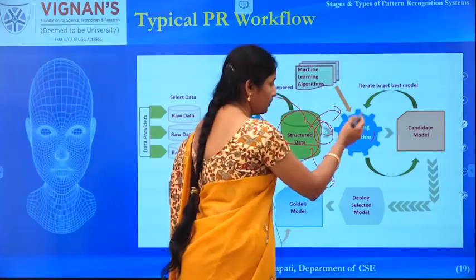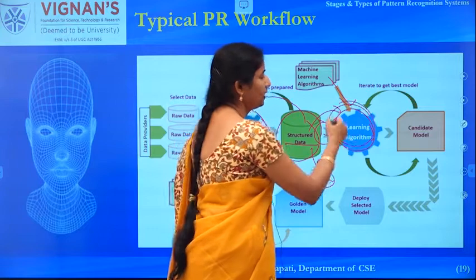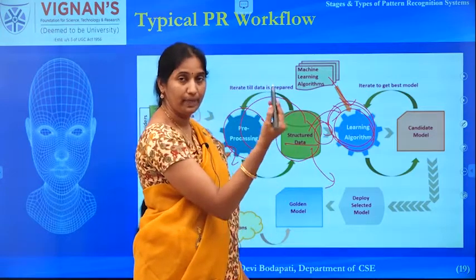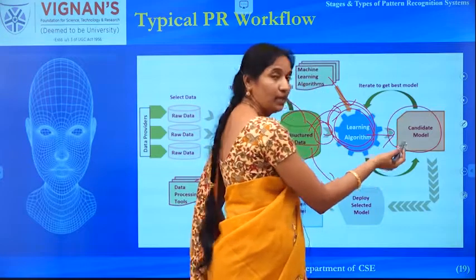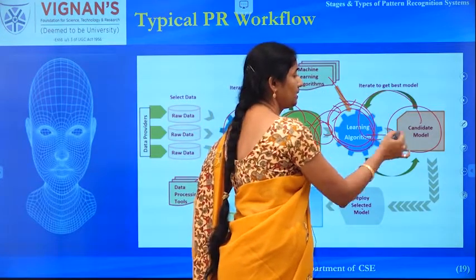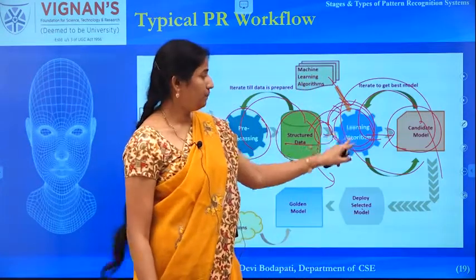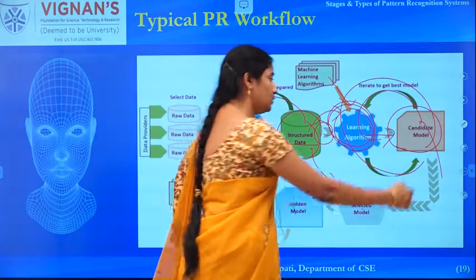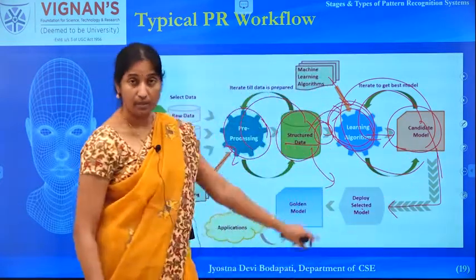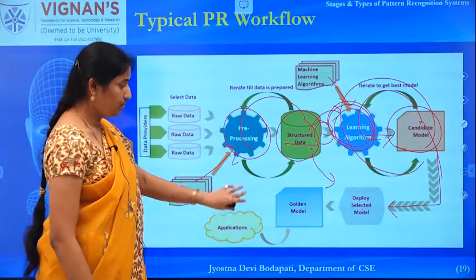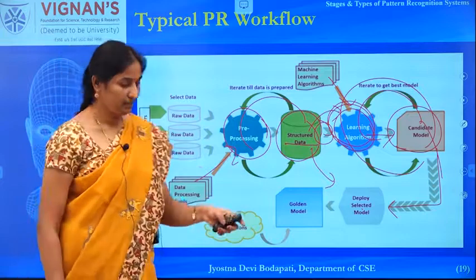Then you select a model and apply a learning algorithm depending on the application. If you are happy with the model, proceed to the next step, otherwise repeat this process, change the parameters and learn the model. If you are happy with the model, proceed to the next step and deploy the selected model, that is, apply the model in real time. That is how the PR workflow is.